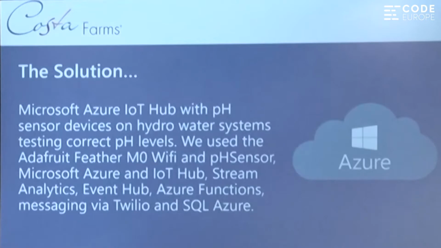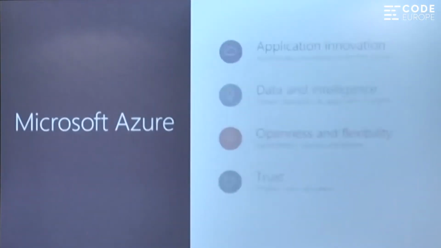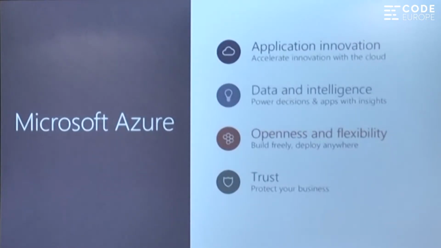I'm going to dive in and talk a little about Azure, specifically the pieces they used, why the cloud is important, and also IoT, and then we'll get into the demo. As I said, Azure is our cloud platform. The four main things we always talk about are, first, it lets you focus on your application innovation. We handle the infrastructure and the scalability; you just focus on writing code and your business logic.